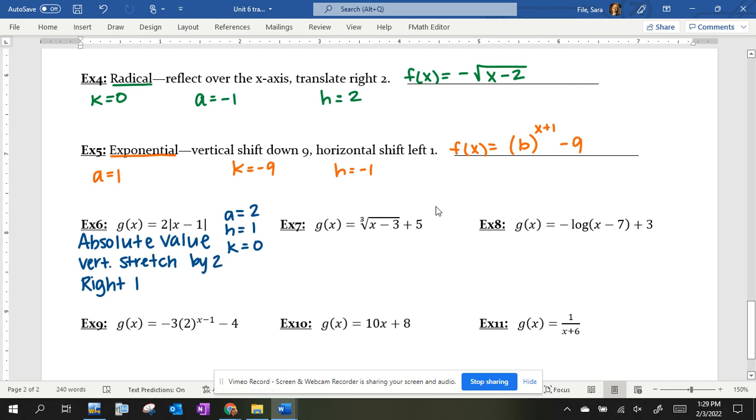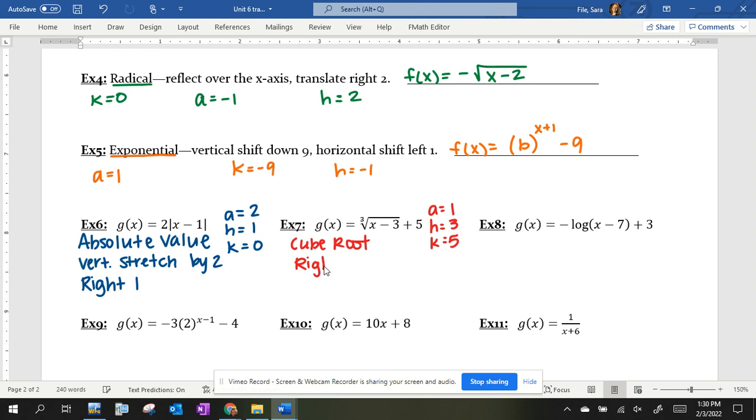What kind of function is this? A cube root. Okay, so the cube root. All right, A is an understood 1, nothing there. H is a 3, and K is a 5. So no stretch or reflection. What's H? But what does that mean for my transformation?